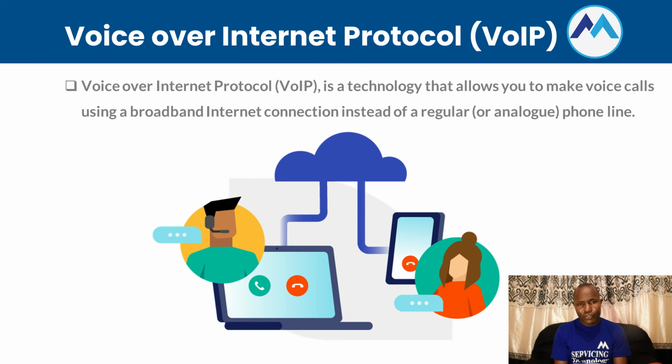Then the last service is what is called Voice over Internet Protocol, that's VoIP. This is a technology that allows you to make voice calls using a broadband internet connection instead of a regular or analog phone line.